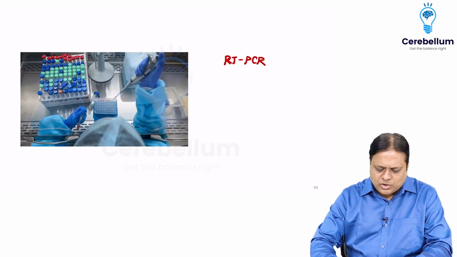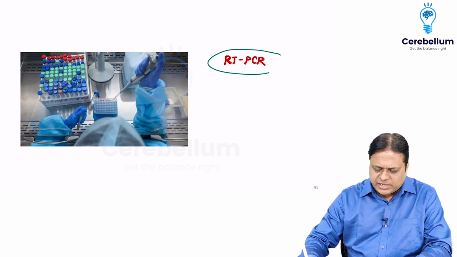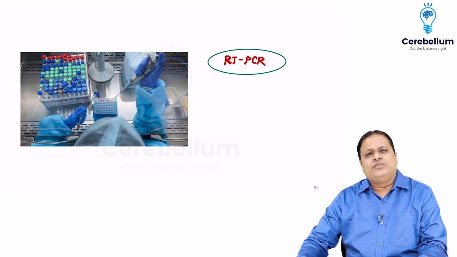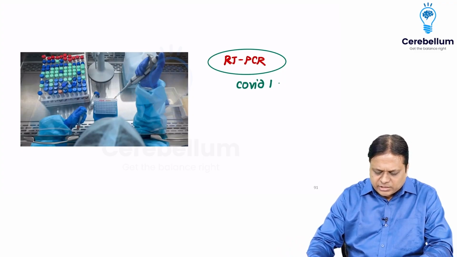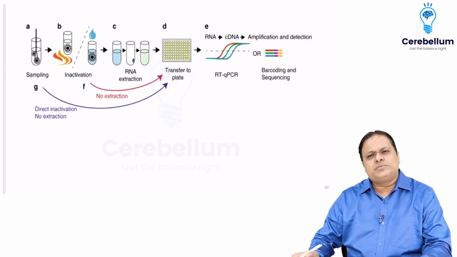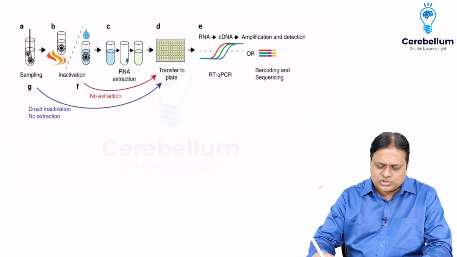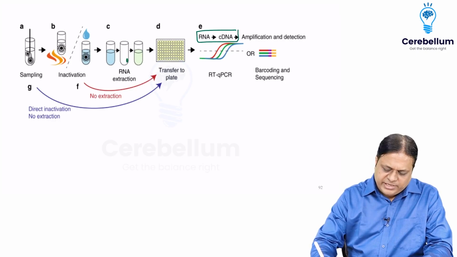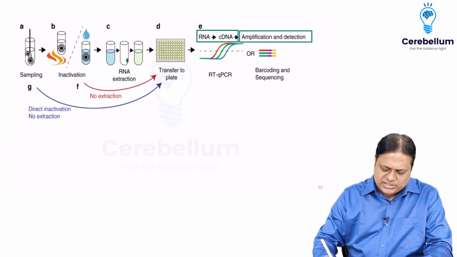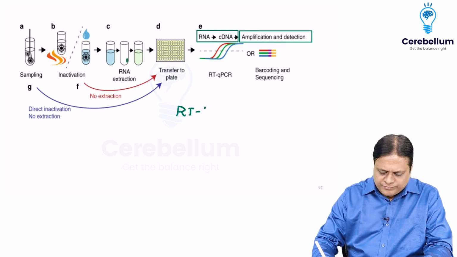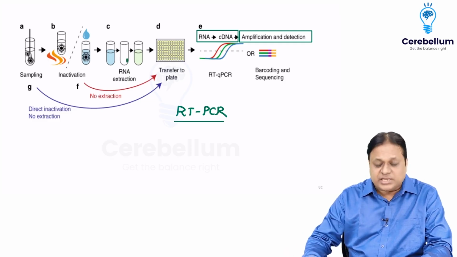RT-PCR test also has been the diagnostic test of choice for many diseases like swine flu and COVID-19 in our country. Look at this particular image carefully. What does this show? Look carefully. We are looking at RNA to cDNA, then amplification and detection. So this is actually the process of RT-PCR, which we were saying is the diagnostic test of choice.